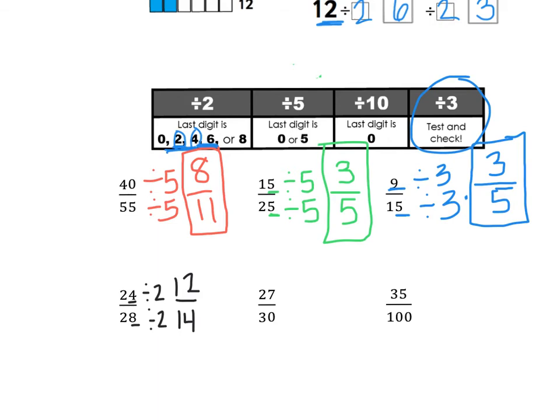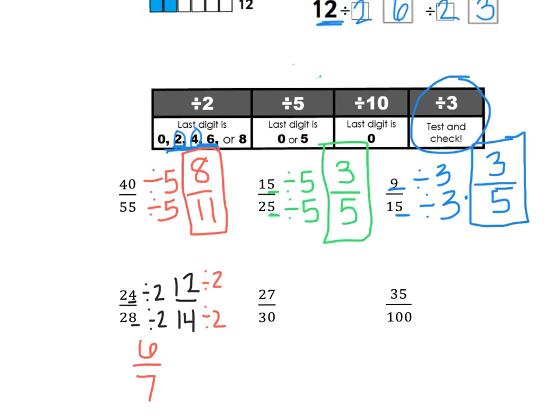Okay, I need to ask myself again, am I done simplifying? Can 12 and 14 be simplified again? Well, they're both still even, so yes, I can simplify by 2 again. So 12 divided by 2 is 6, and 14 divided by 2 is 7.